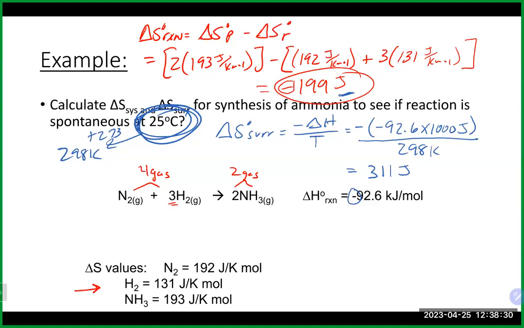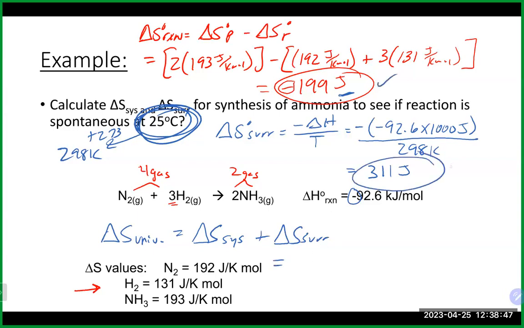To determine whether or not this reaction is spontaneous, the delta S of the universe will equal our delta S of our system, our reaction, plus our delta S of our surroundings. This is the part where having them in the same units is quite beneficial. So that's going to be minus 199 joules plus 311 joules. If you have this one in kilojoules and you just added it, you have the wrong answer, so you have to watch those units.